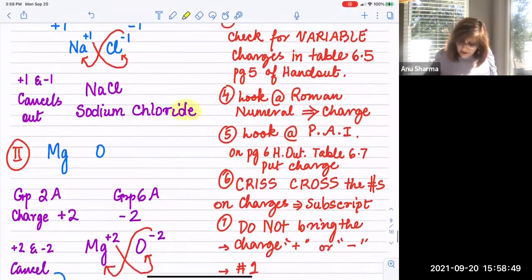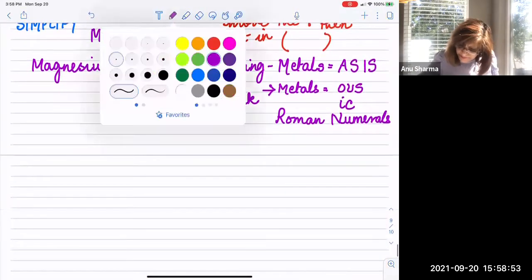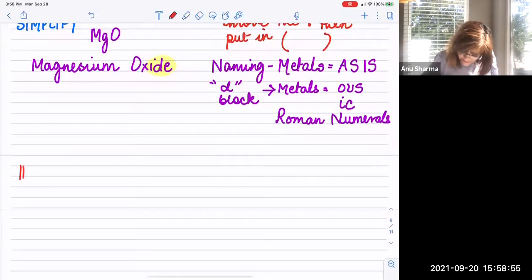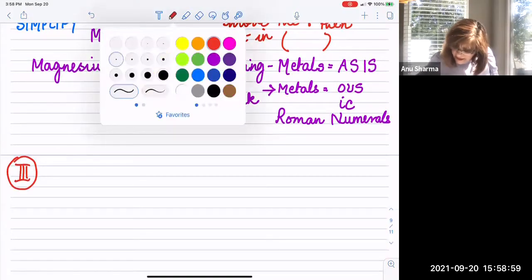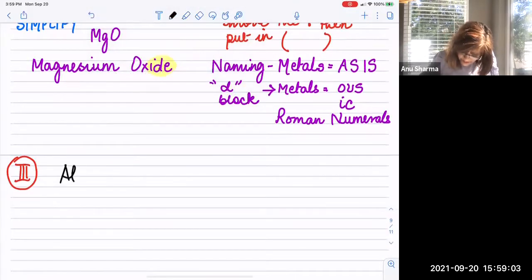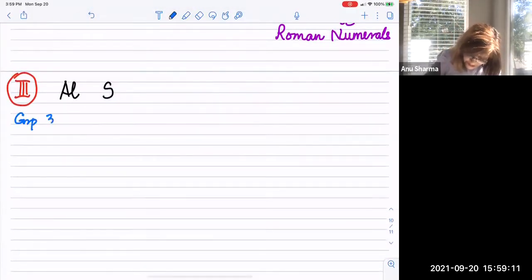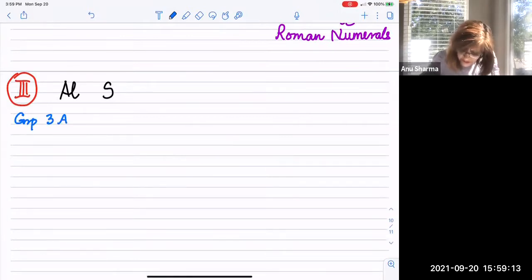Okay, now let's look at another example. Here you have aluminum combining with sulfur. Aluminum is group 3A, sulfur group 6A.